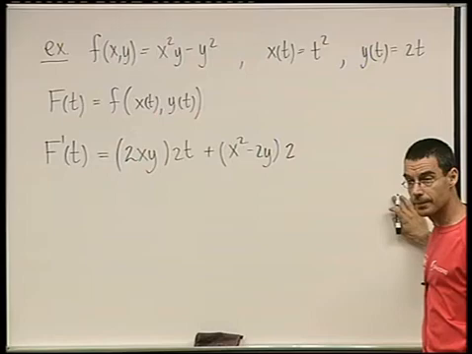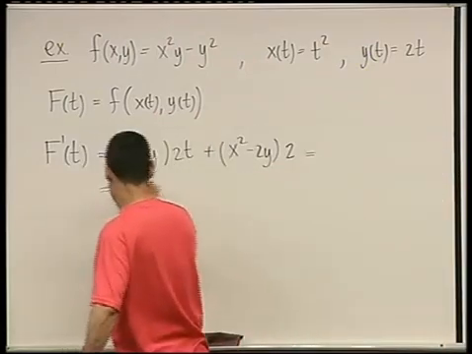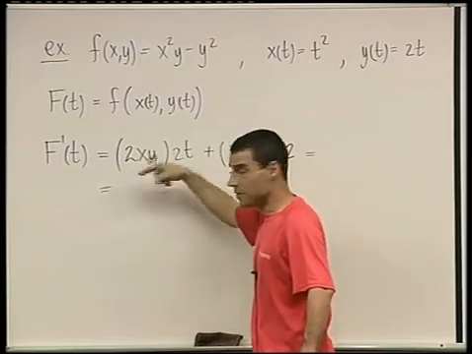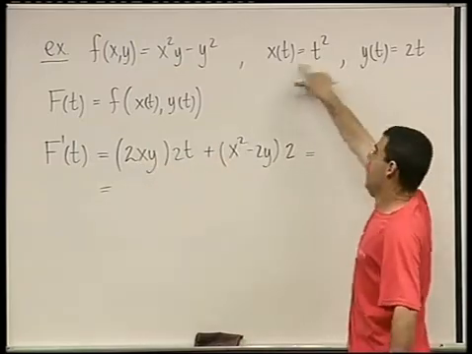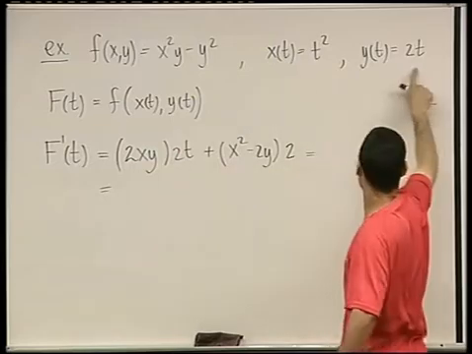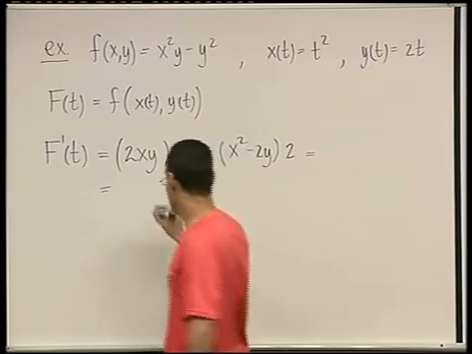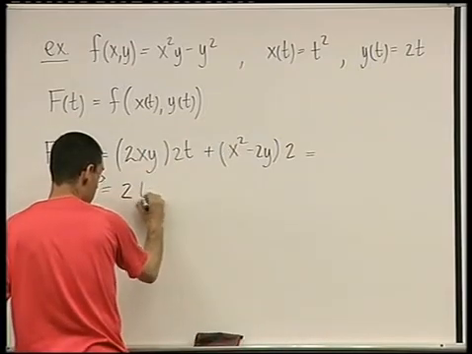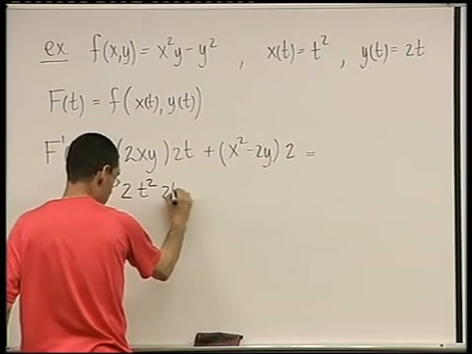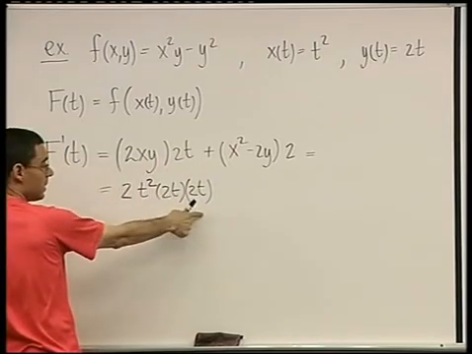Do you agree? Now, recall that the outer derivative is evaluated at the outer point, so I have to plug in t squared for x and 2t for y. Everybody with me? So I get 2 times t squared times 2t times 2t. This is the y and this is the 2t from here.